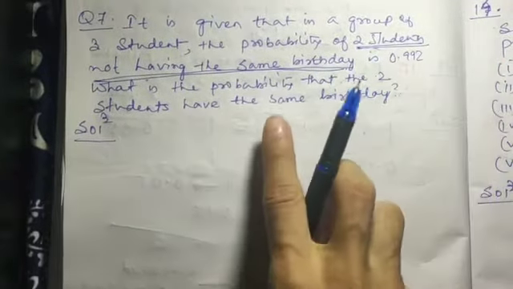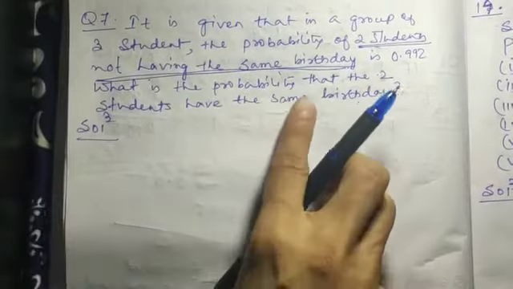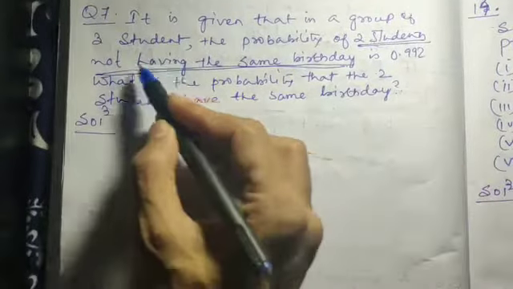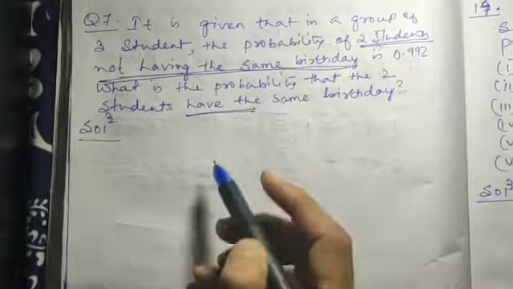Okay, we are asked then how much is the probability that the 2 students will have the same birthday. Event is same. It is given for not having, we are asked to find out for having. Okay, so event is same.